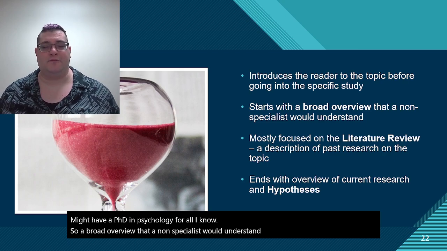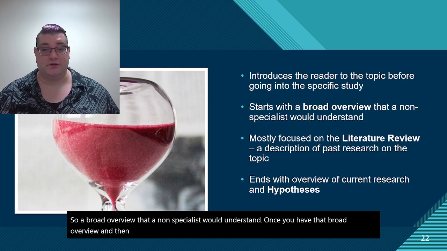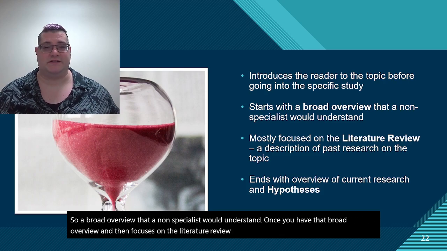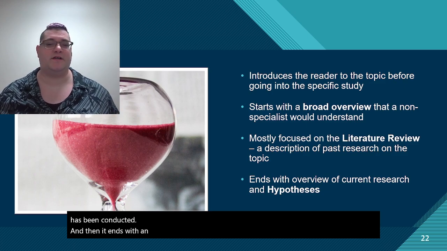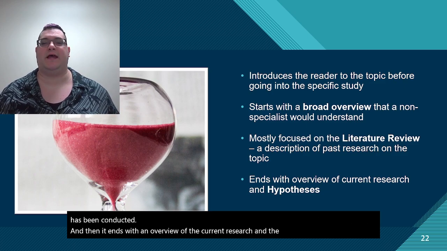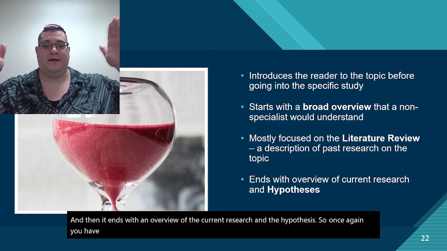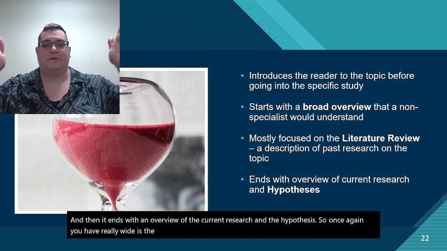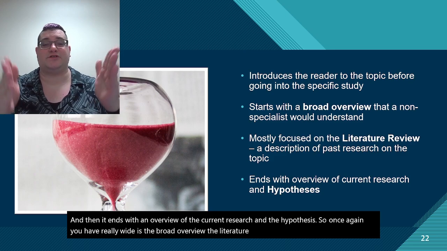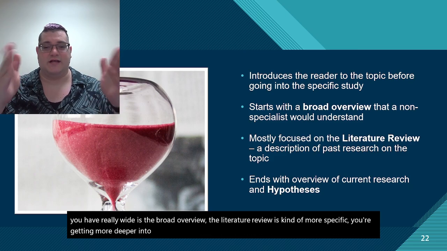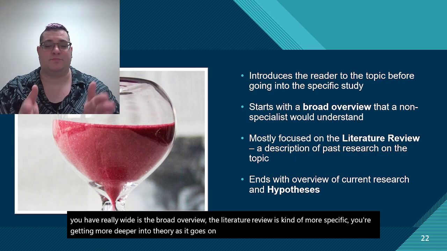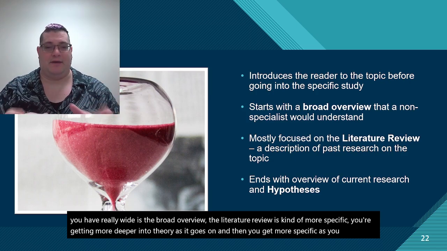Once you have that broad overview, it then focuses on the literature review, which is a description of past research that has been conducted. And then it ends with an overview of the current research and the hypothesis. So once again, you have really wide, which is the broad overview. The literature review is kind of more specific. You're getting deeper into theory as it goes on. And then you get more specific as you start discussing your hypotheses.